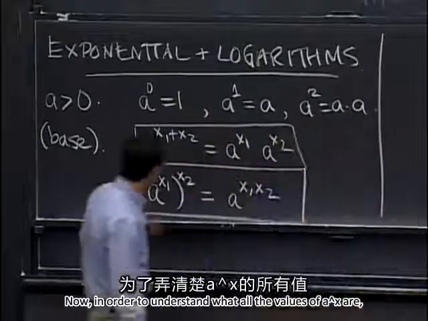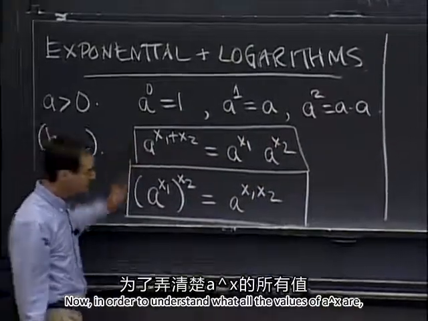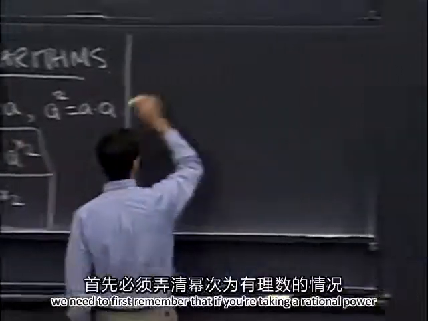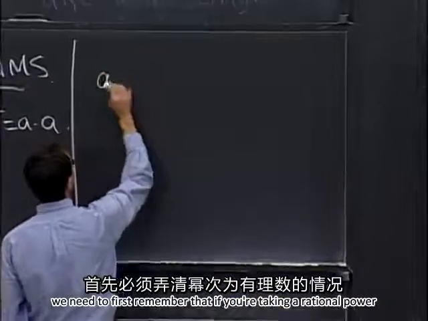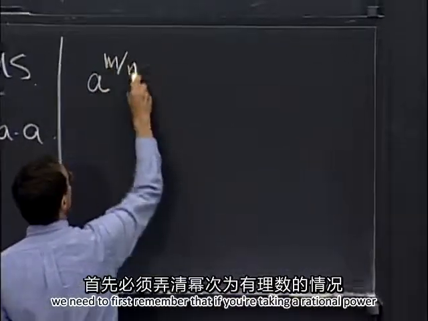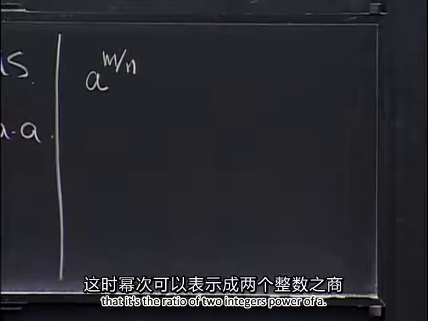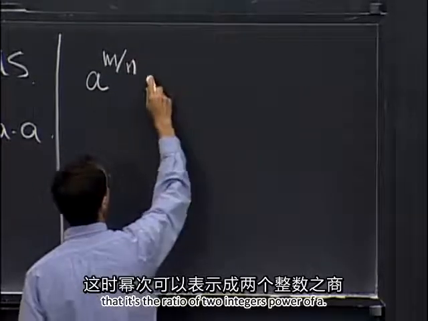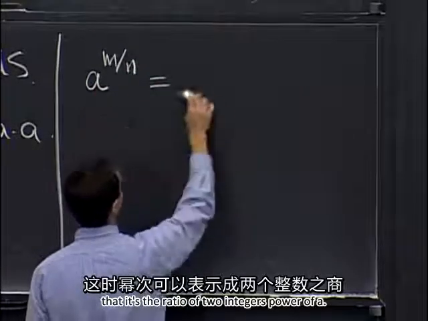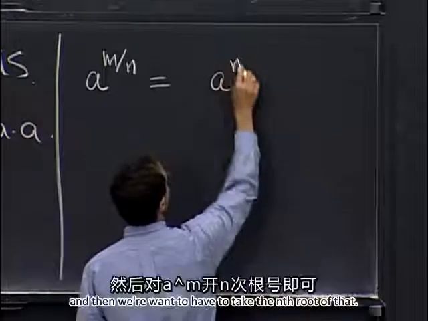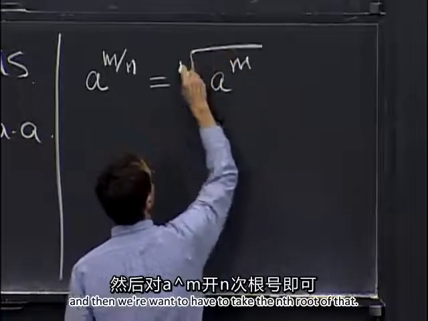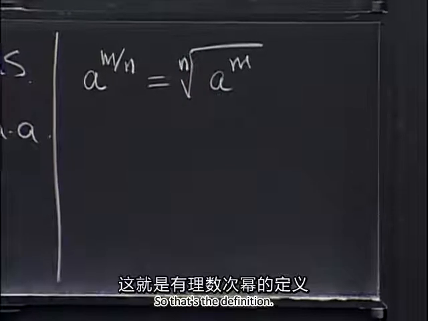understand what all the values of a to the x are, we need to first remember that if you're taking a rational power, that is the ratio of two integers power of a, that's going to be a to the m, and then we're going to have to take the nth root of that. So that's a definition.